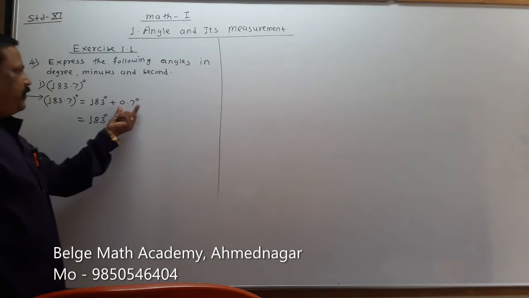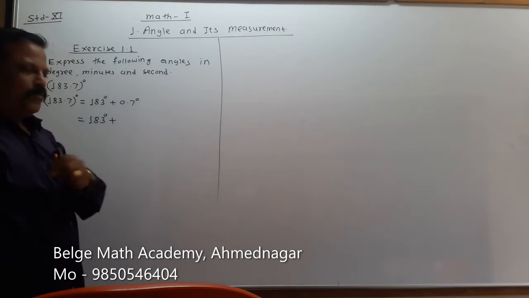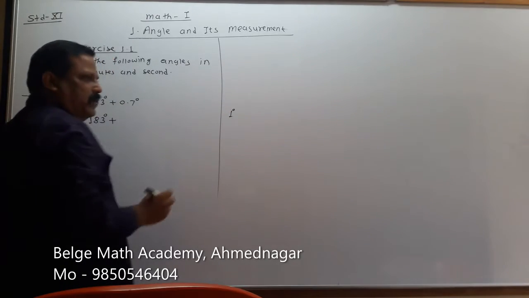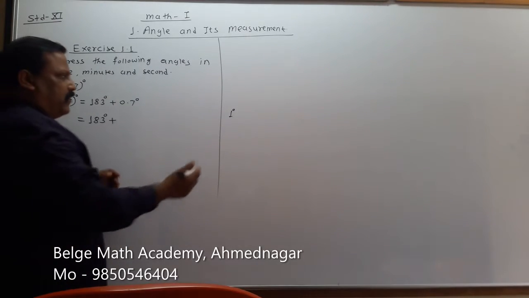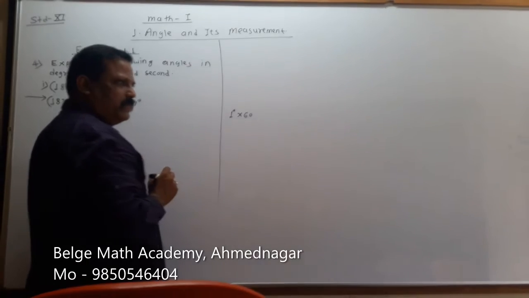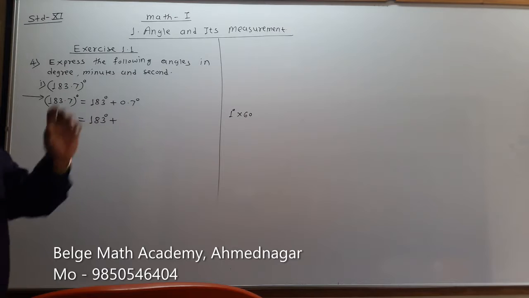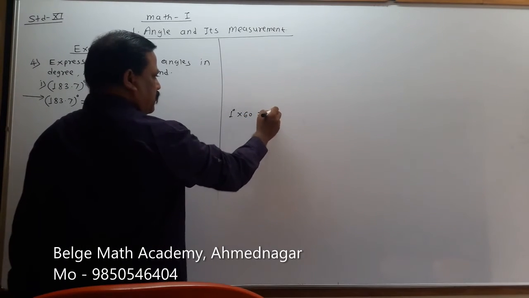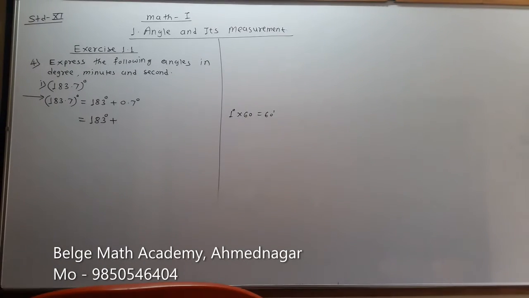Now the decimal part is converted into minutes, and that process is: if 1 degree is converted into minutes, then we multiply by 60. 1 multiplied by 60 gives minutes, which is represented by a single dash.